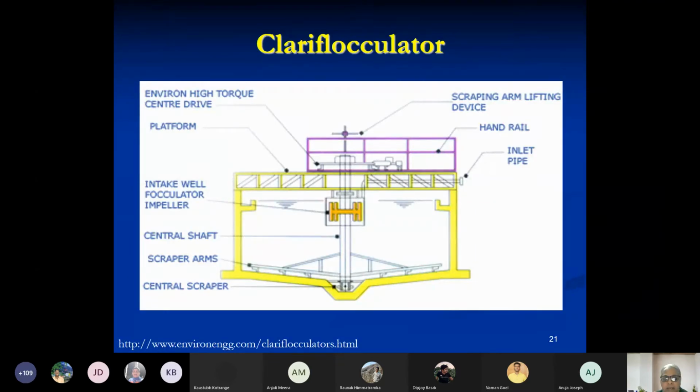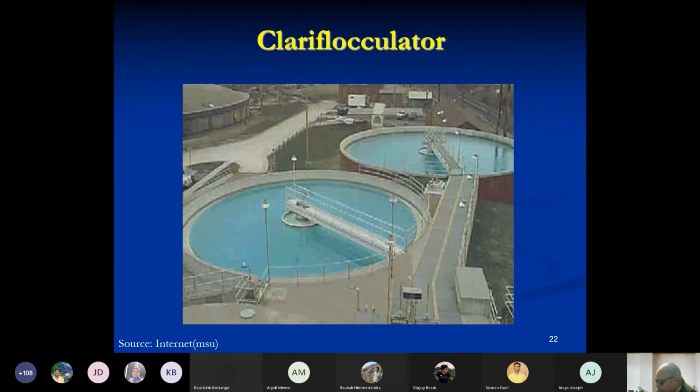Now this is what it looks like in reality. So here we have our clariflocculators. This is an aerial view.